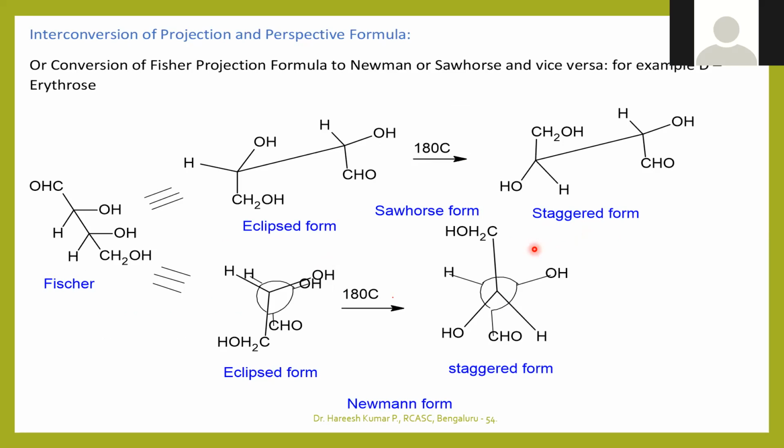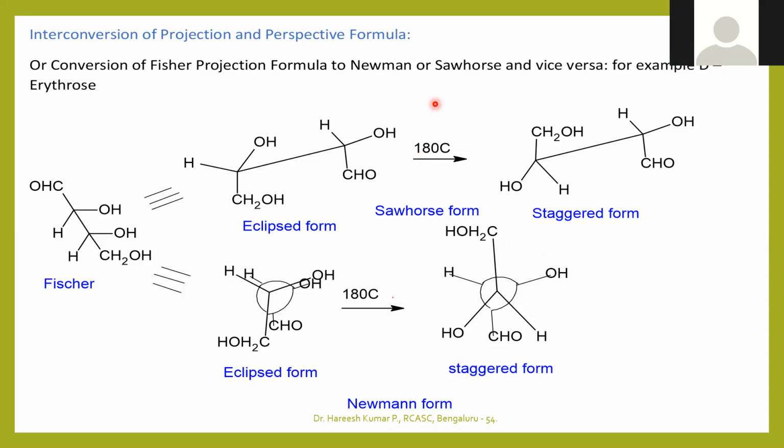But since it is a carbohydrate and a tetrose, and we say D configuration with respect to the bottom hydroxy group, that is the reason I am taking CH2OH as the front carbon atom.